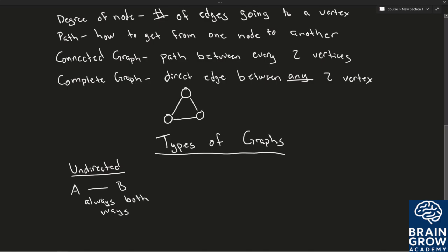We have a directed graph, and in this case, only the A node can go to the B node.